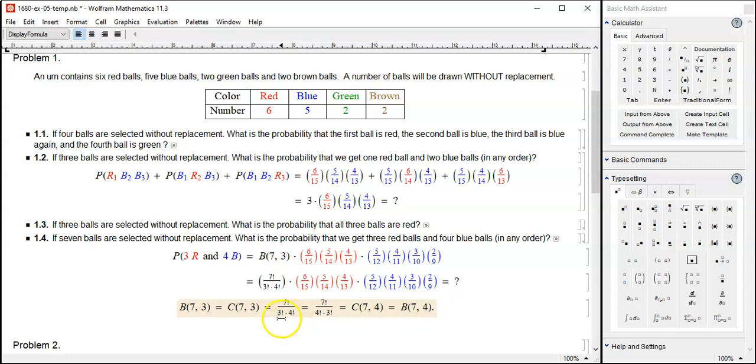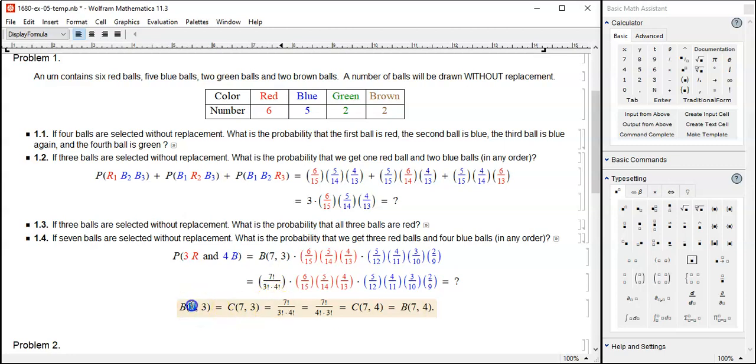So all I did is change the order of multiplication of the denominator. If you go back to this formula, choosing 3 slots out of total 7 versus choosing 4 slots out of total 7, they're the same. If you choose 3 slots, the other 4 will automatically be blue. And if I choose 4 slots for blue, the other 3 will automatically be red. So they have to be the same.